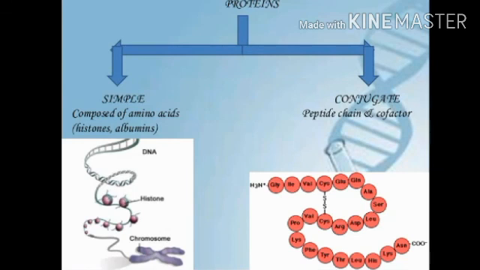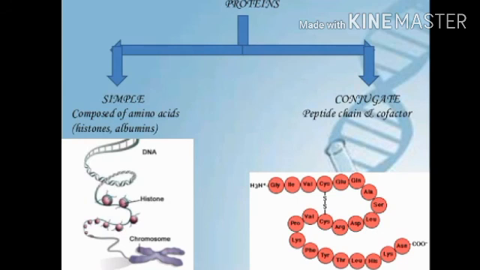On the basis of composition, proteins may be divided into simple and conjugated protein. Actually, if the polypeptide chain is composed only of amino acids and no other component is attached to it, then it is called a simple protein, like histone protein or albumin protein.